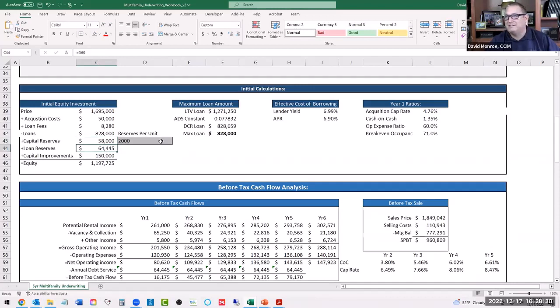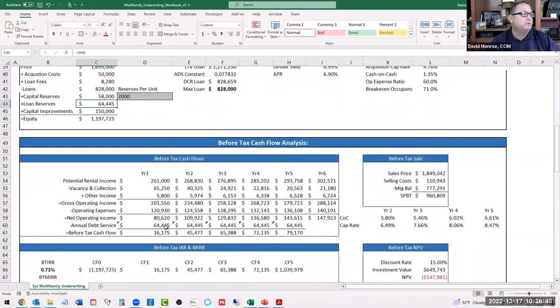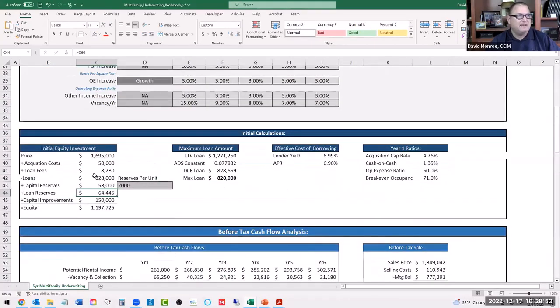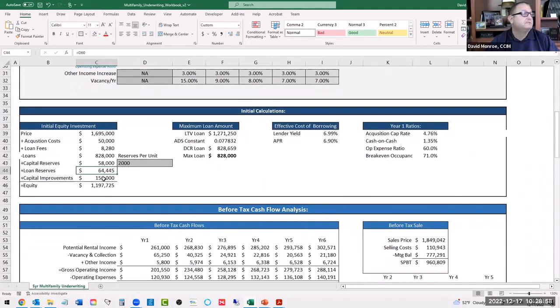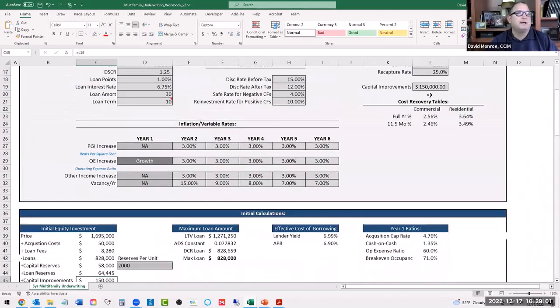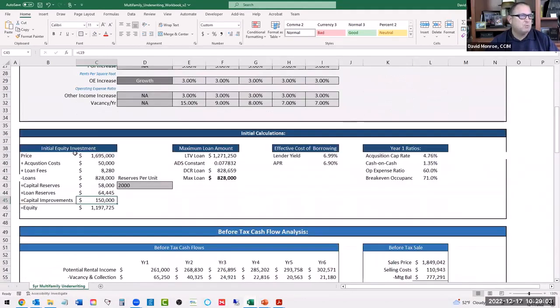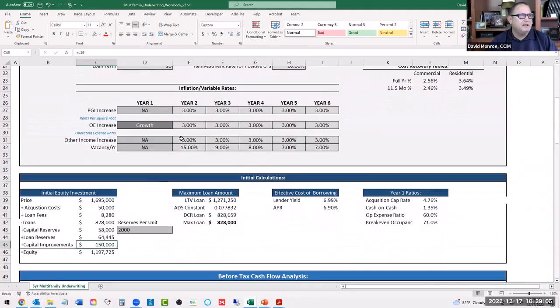When I created this, we were in the middle of COVID, and Fannie and Freddie were requiring COVID reserves, if you remember. But it's always good to have some kind of loan reserve in here. So in this case, I have loan reserves equal to annual debt service. See how annual debt service is 64,445? That gives us 12 months of loan reserves. You can change this to whatever you want. And then, of course, our capital improvements, which we got from up here. All of these are calculated. Anything gray, we input.